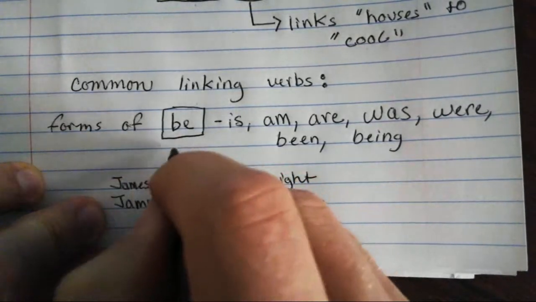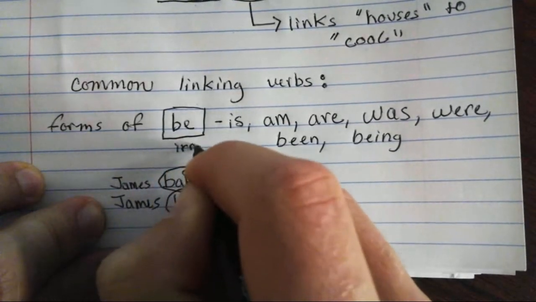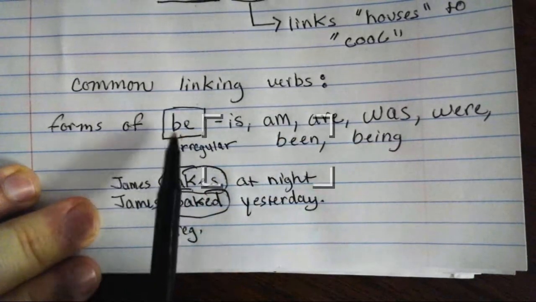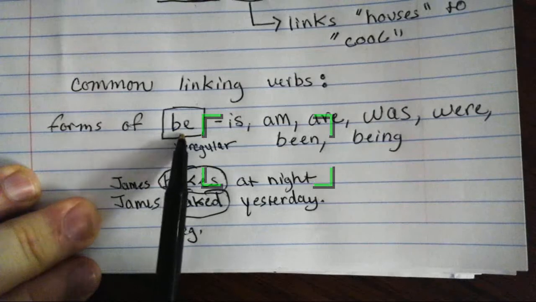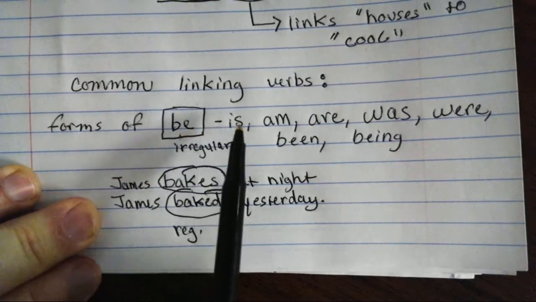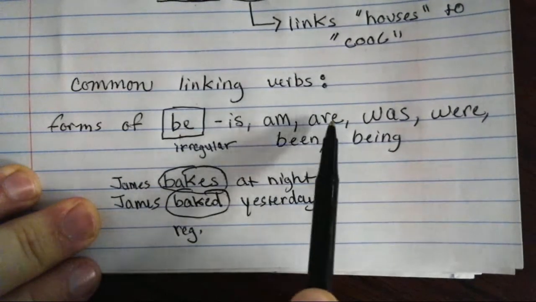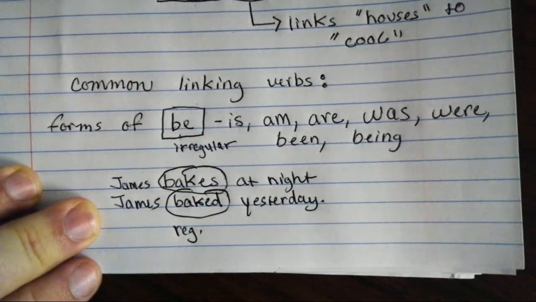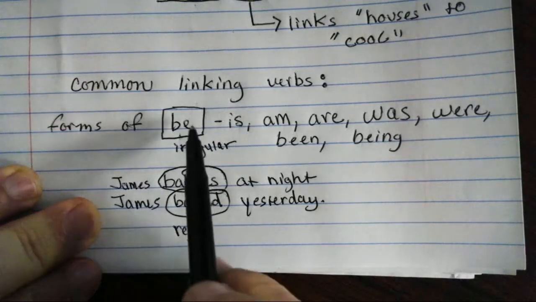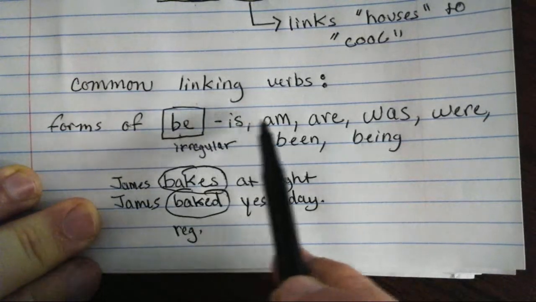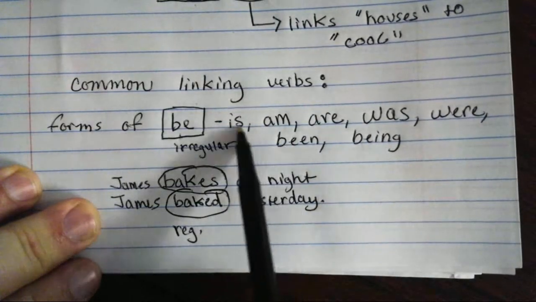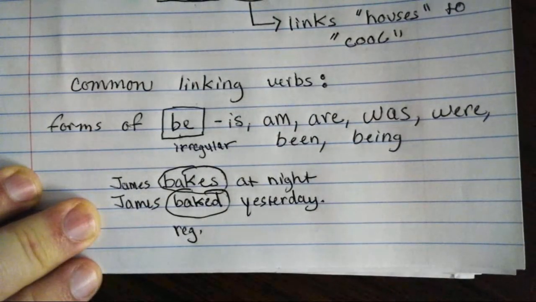Be is an irregular verb, which means it changes from its original form into other forms depending on who the subject is or when the action happens. But it's very important for you to know that is, am, are, was, were, been, being are all the same verb, just in different time frames or with different subjects.